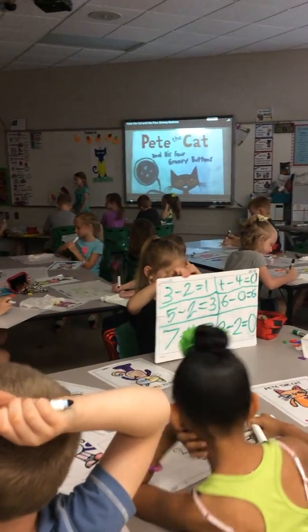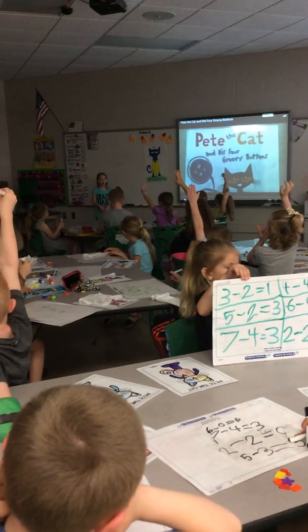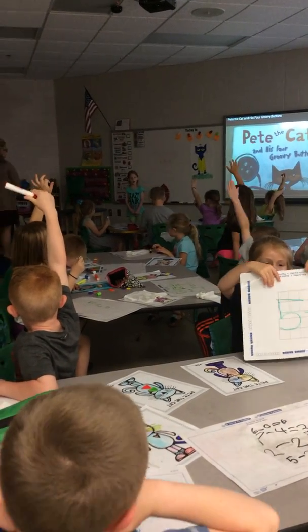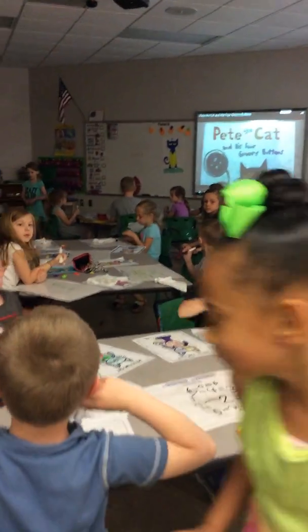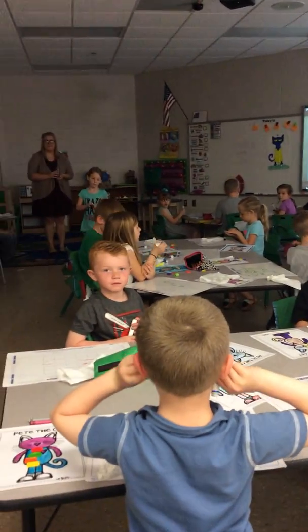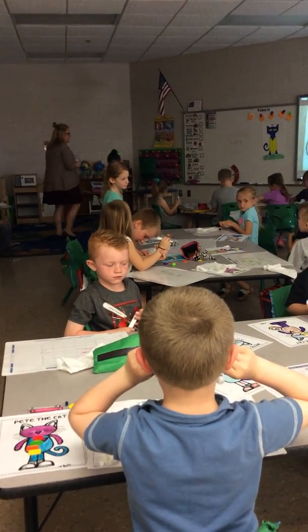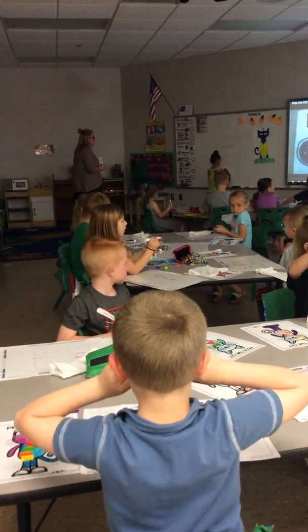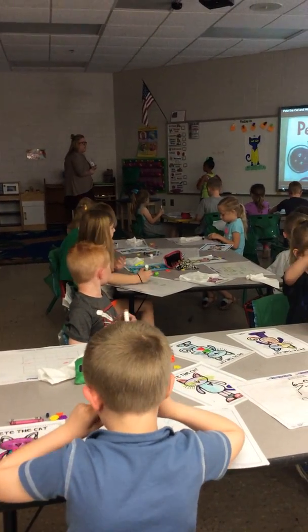Go ahead and pick a friend to come up with the Pete the Cat story. All right, Chanel. Loud and proud. How many buttons does Pete the Cat have? 5.